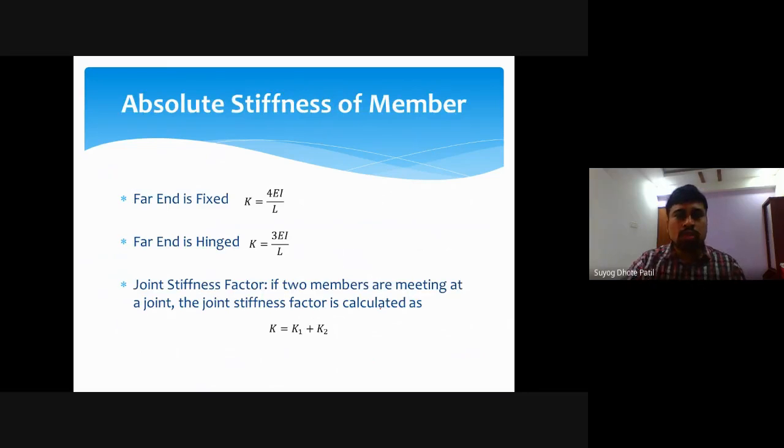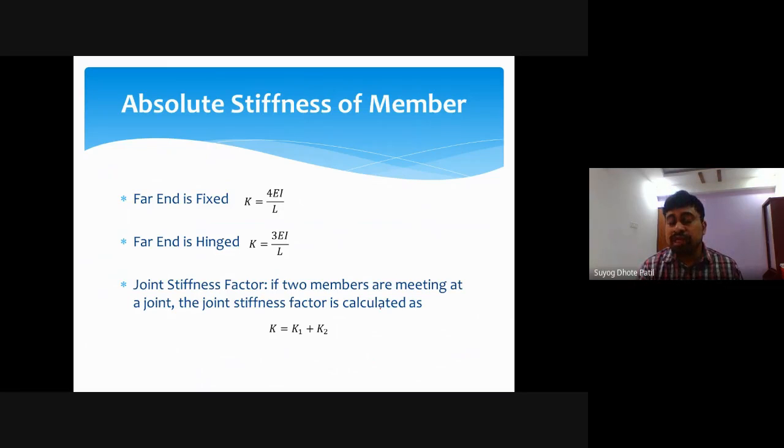In the slope deflection method, if we think about the methodology, we calculated fixed moments, then after fixed moments we calculated the member end moments depending upon rotation as well as vertical downward displacement.